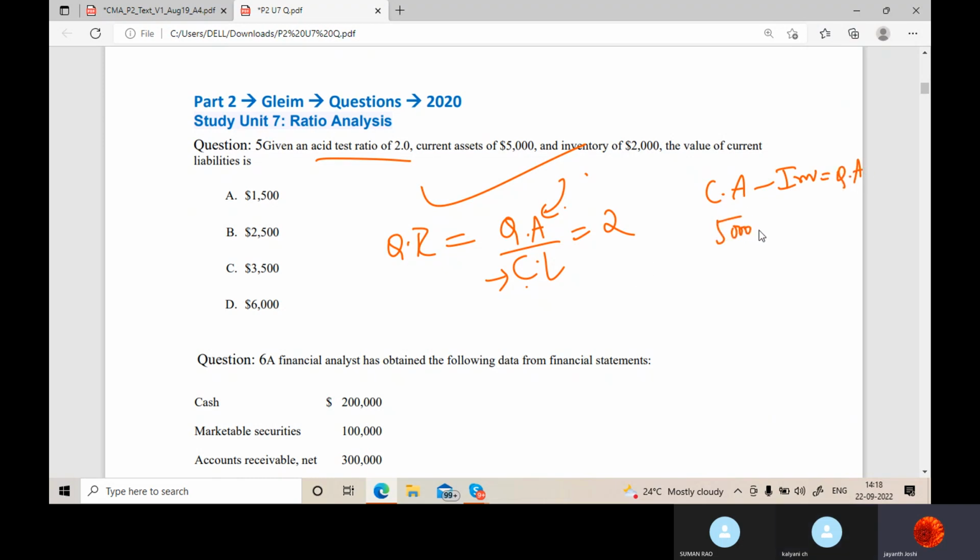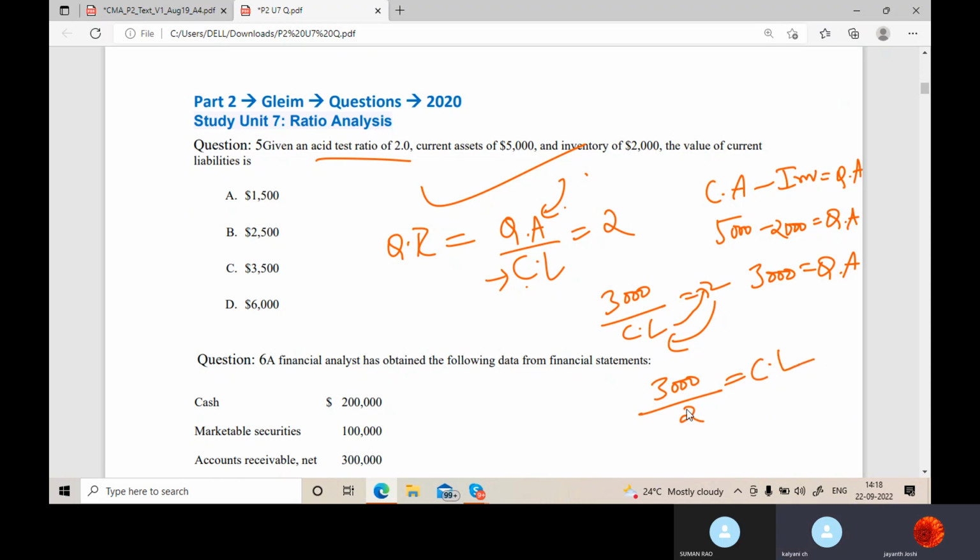So 5,000 minus 2,000 is 3,000 quick assets. Now 3,000 is quick assets. I take 3,000 by current liabilities equals 2. I bring this here, it is cross multiplying. If it comes here, it divides. If it goes there, it multiplies. 3000 by 2 is 1500. Yeah, 1500 is your current liability.